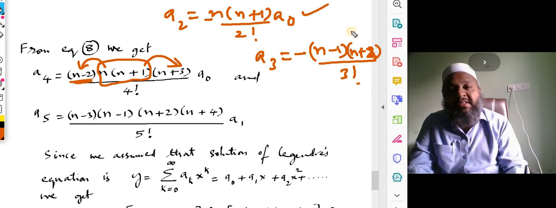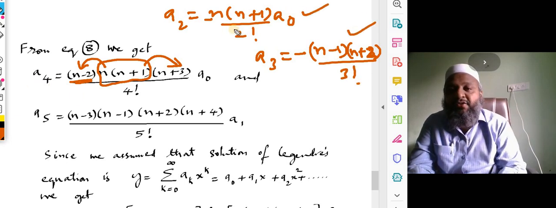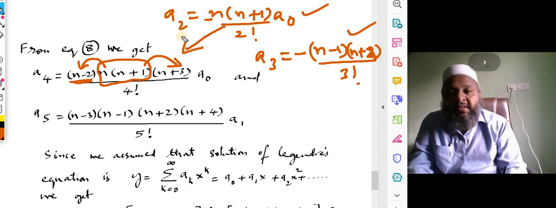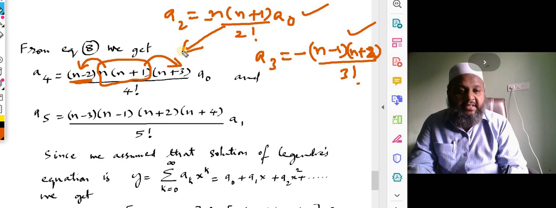So if you remember this a2 and a3, now a4 will be using this pattern n into n plus 1 as it is, taking 2 units less and 2 units more. So it is n plus 3. You got it from that. a4 depends on a2, as plus 2 depends on as.